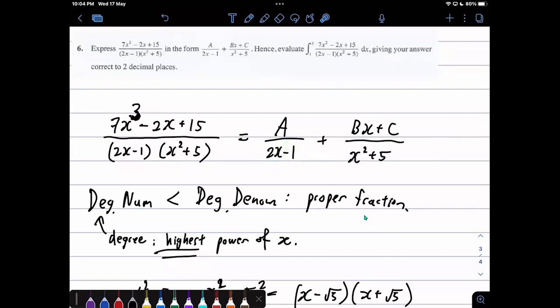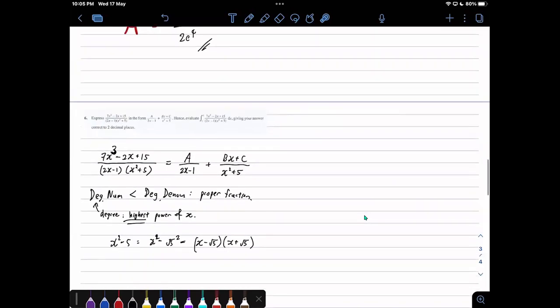Linear meaning power 1. So you must go 1 degree lower, which is power 0. This is x power 0. Anything power 0 equals 1, so it's essentially not there. A is the same as a times 1, which is the same as a times x power 0. So 1 degree lower. You should be able to remember this identity without the question helping you.